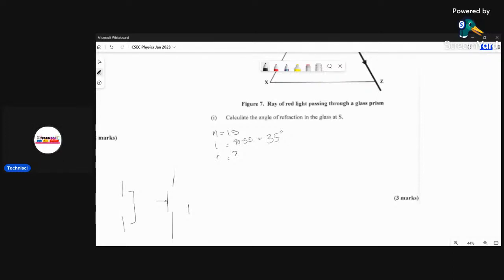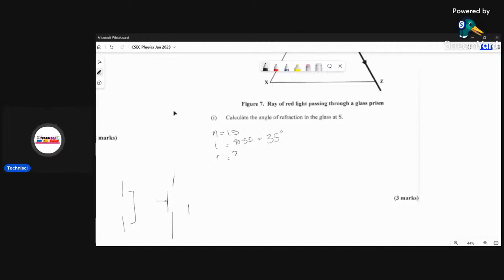Have to look out for these things. They oftentimes do this to try and trick you, but you're not going to be tricked because you are going to remember where the angle of incidence or refraction or reflection is measured.